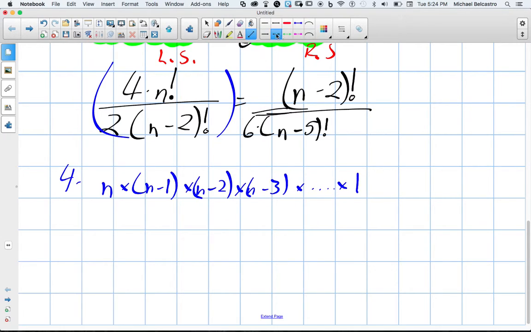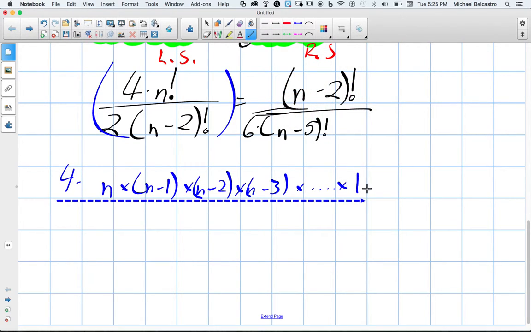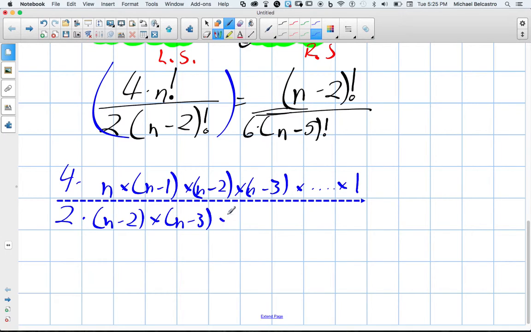We don't know exactly what that is, but it does go down to the value of 1. And then we have 2 here. Well, here we have n minus 2. So what that means is this actually starts at n minus 2. So it's times n minus 2 times n minus 3 times n minus 4 all the way down to 1 again.